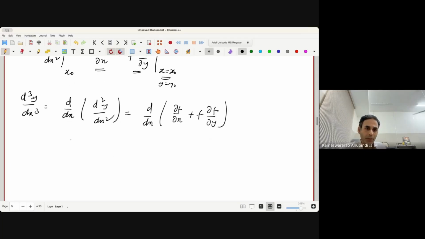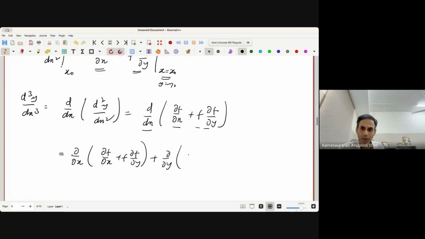But again, we realize that d by dx involves partial f by partial x and f partial f by partial y, which are functions of both x and y, and y is a function of x. So as a result, using the chain rule, this should be written as partial x of (partial f by partial x plus f partial f by partial y), plus partial y of (partial f by partial x plus f partial f by partial y), times partial y by partial x.